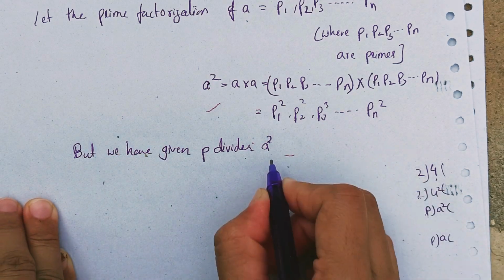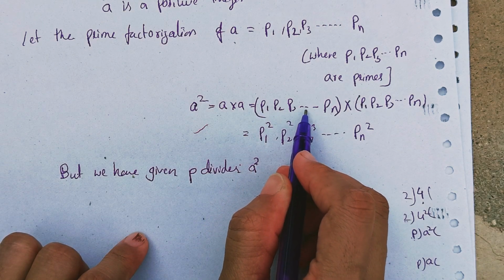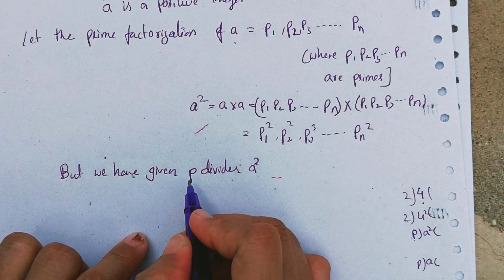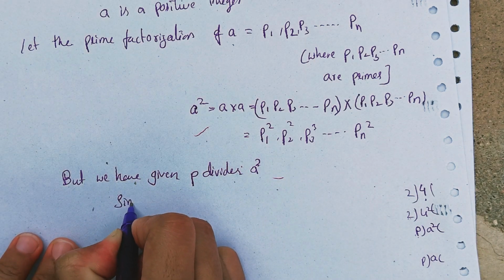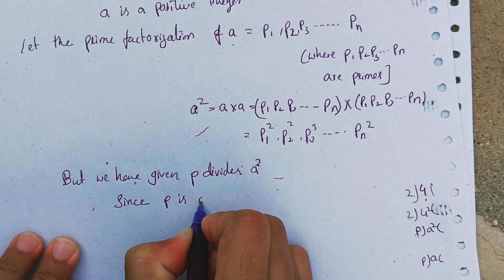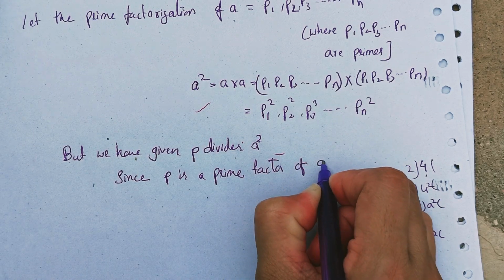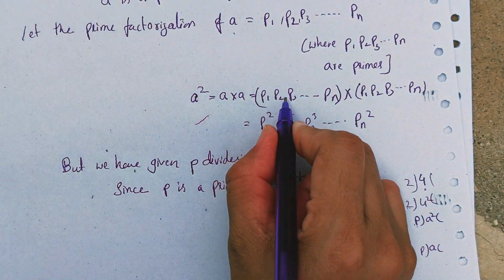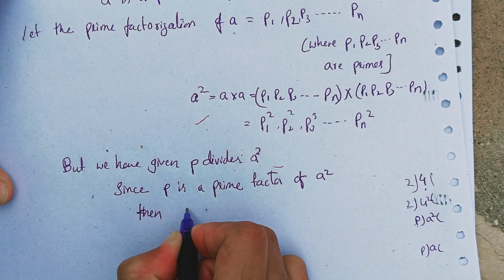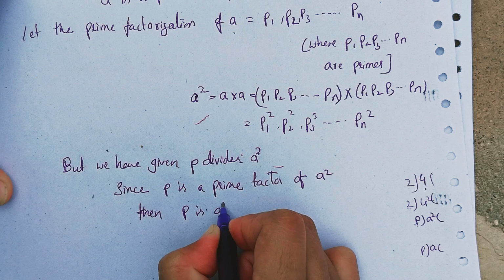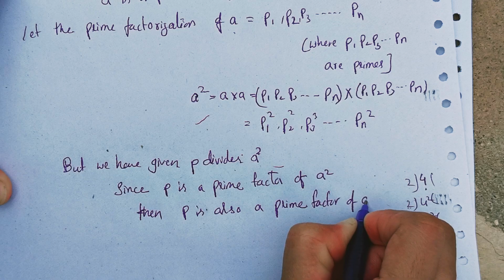And one more thing here. What are the prime factors of a square? p1, p2, p3, means in those factors we are having one p also, which is a prime number. Since p is a prime factor of a square, then we can say that p is also a prime factor of a.